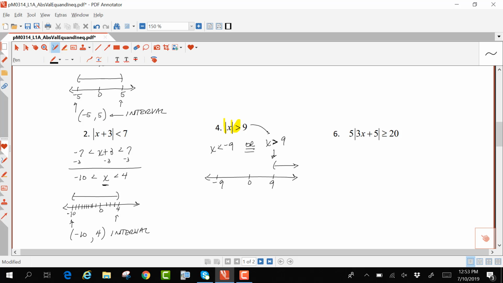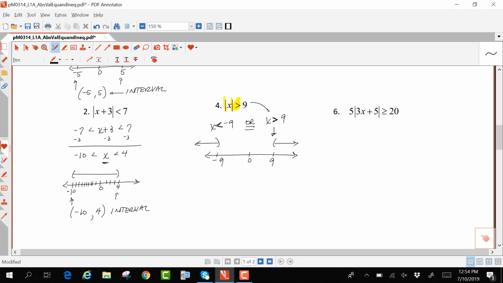X less than -9, the arrow is to the left, so I start at the -9 and I go to the left of it. There is my graphical representation of my numerous solutions. Any number bigger than 9, 10,000, 1,000,005 is a solution to this original absolute value inequality. Anything to the left of negative 9, a negative 427, would be a solution to the original absolute value inequality.